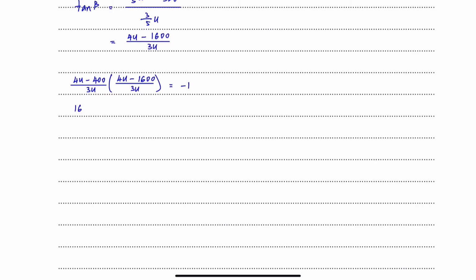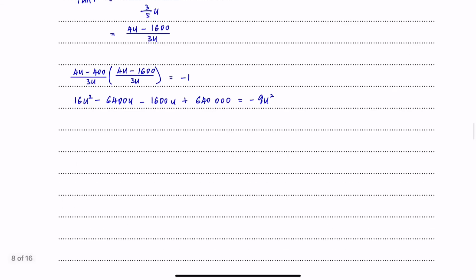So we have 16u squared minus 6,400u minus 1,600u plus 640,000, equal to negative 9u squared.